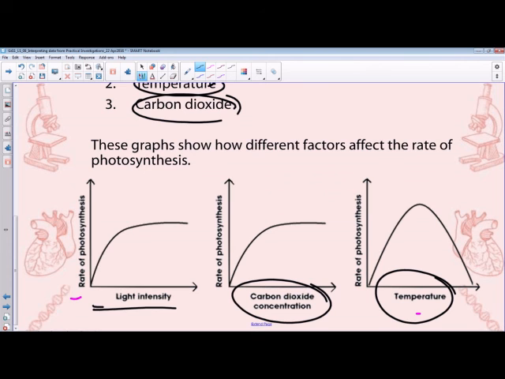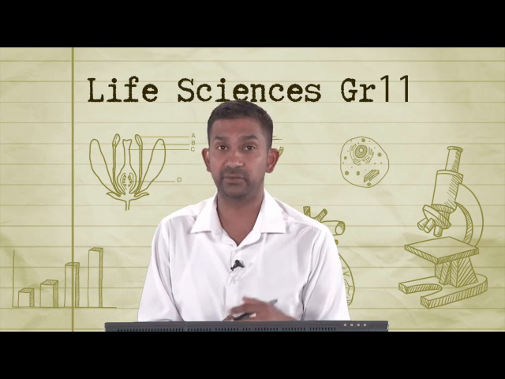Knowing that all 3 factors influence the rate of photosynthesis, remember that light has different wavelengths, and those wavelengths of light are absorbed at different intensities based on the type of chloroplast present in the leaf. Carbon dioxide also is absorbed by the leaf, and it's the chloroplasts that absorb it. Any further increase in carbon dioxide concentration can saturate the leaf and will not influence it.